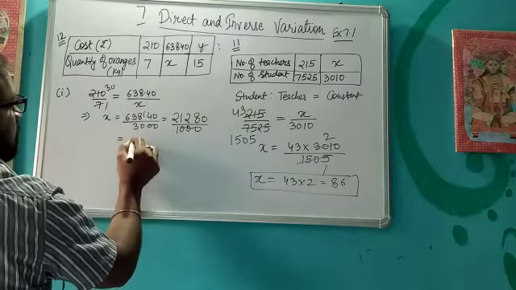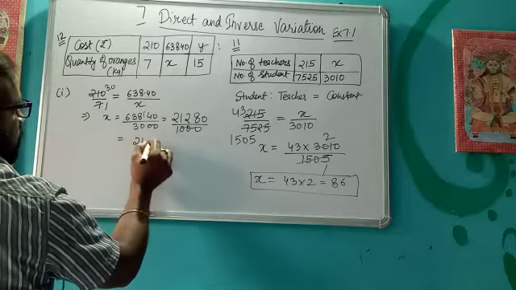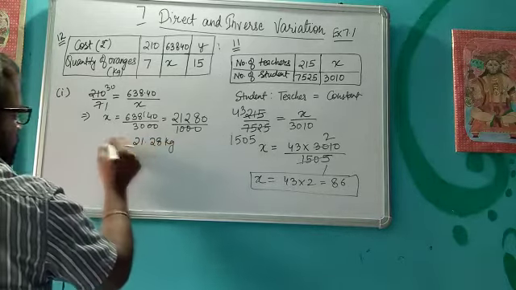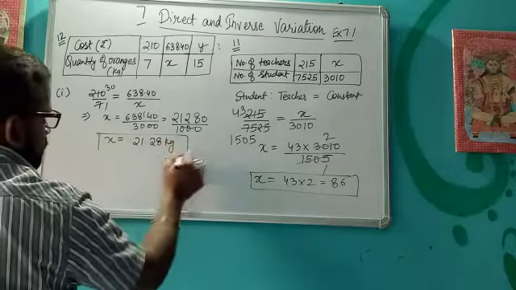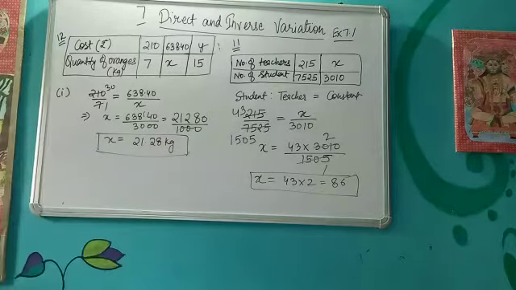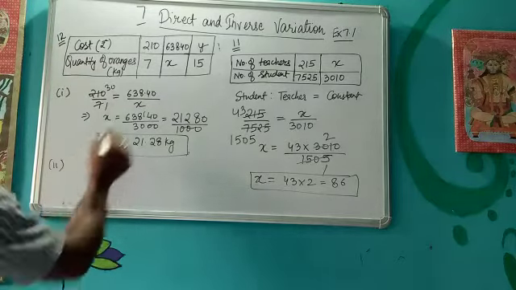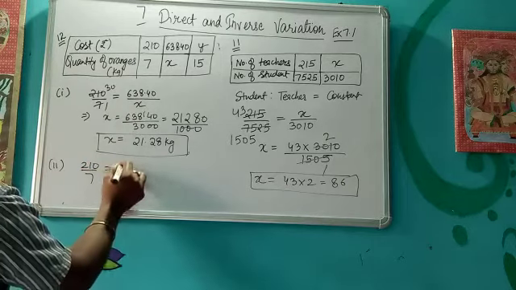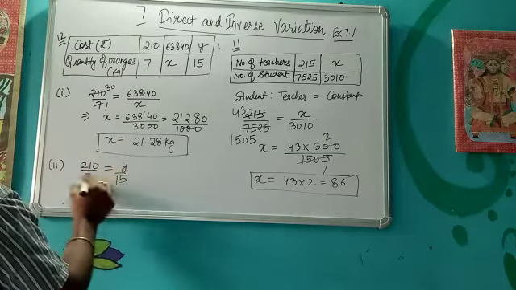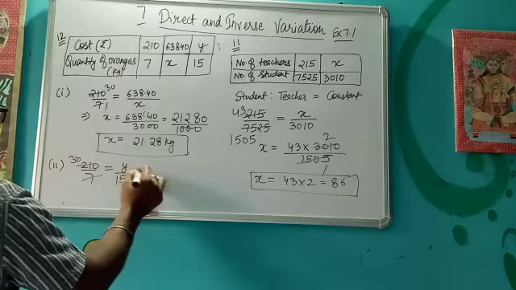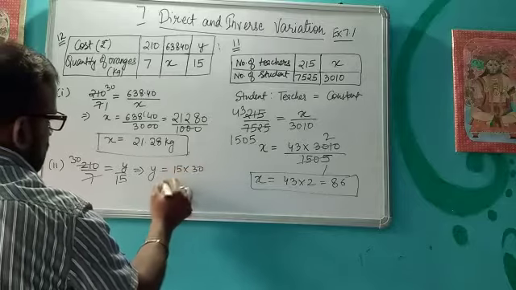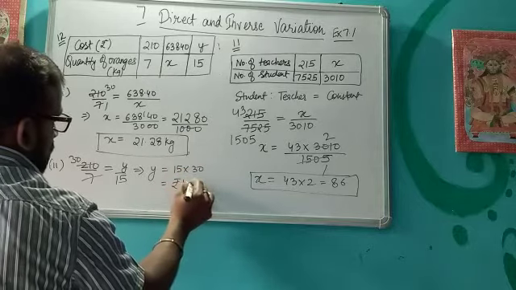That is 21.28 kg. Okay. Then for the second part, again we will take 210 upon 7 equals y upon 15. So it is 30. So what is my y? 15 into 30, that is rupees 450.